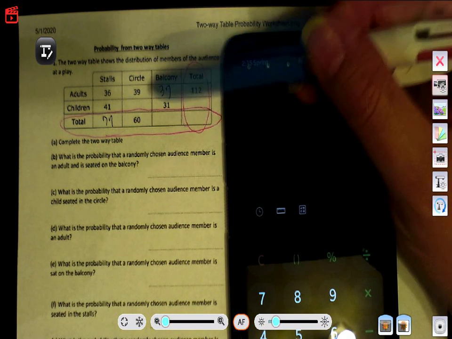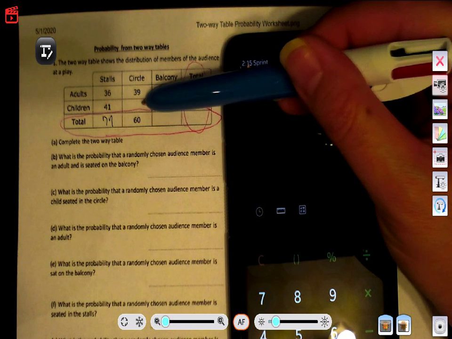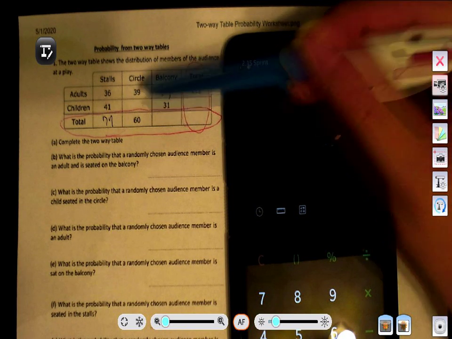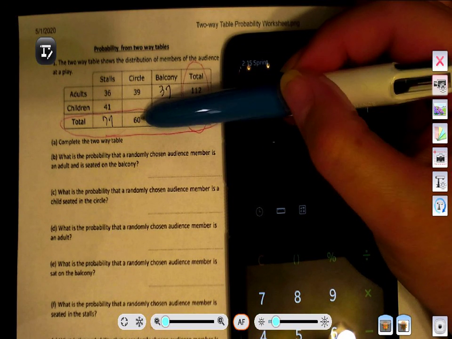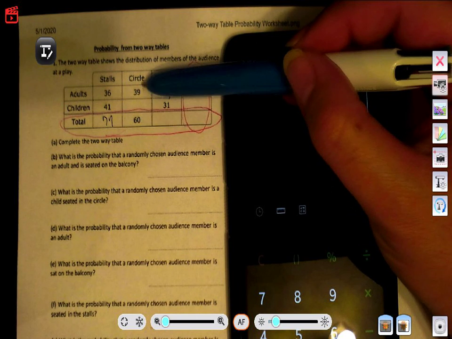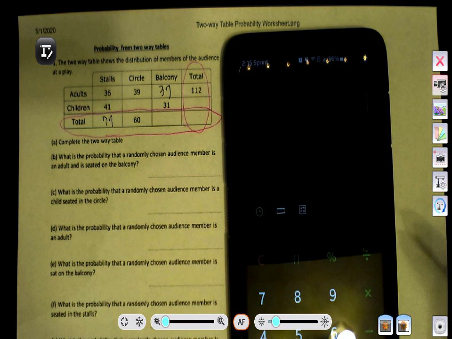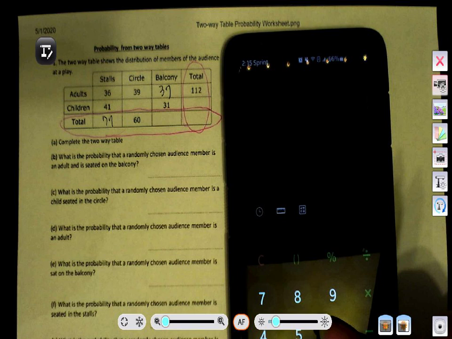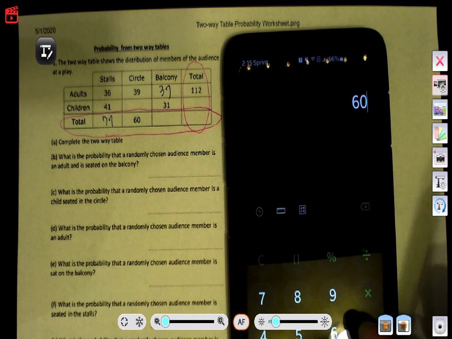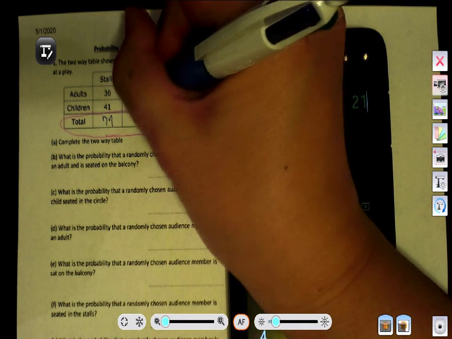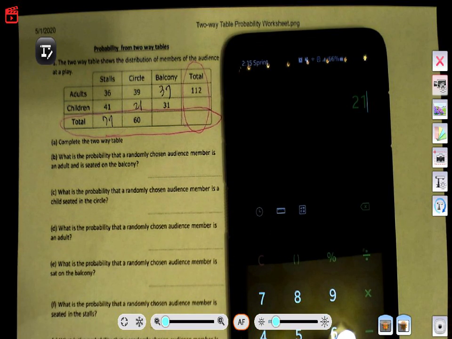Looking at this column right here, I'm missing the number of children for circles, but I know that it's a total of 60 people and 39 adults are accounted for. So I would have to do a subtraction question, 60 minus 39, to say that if I have 39 adults and 21 children, I'm going to have a total of 60.